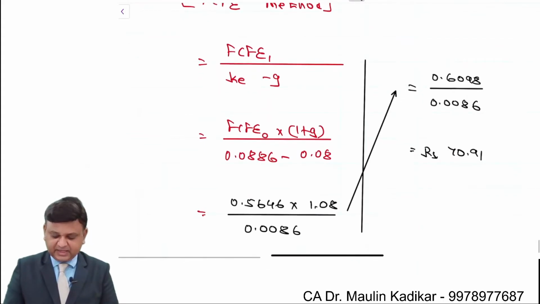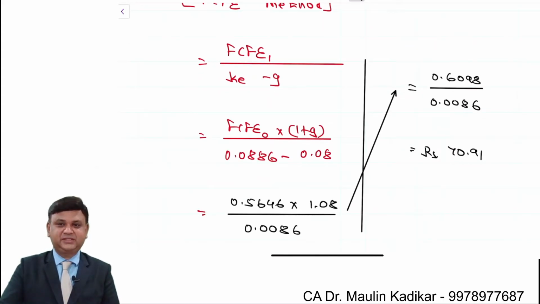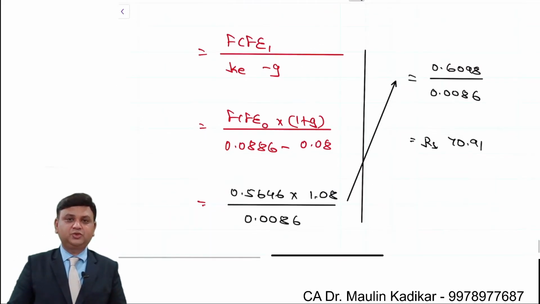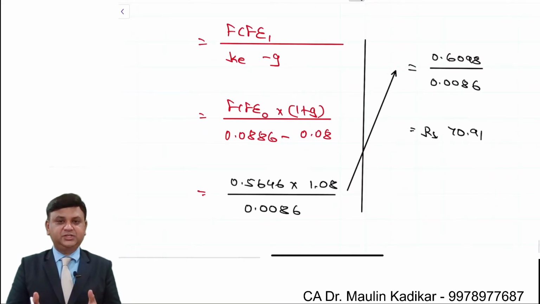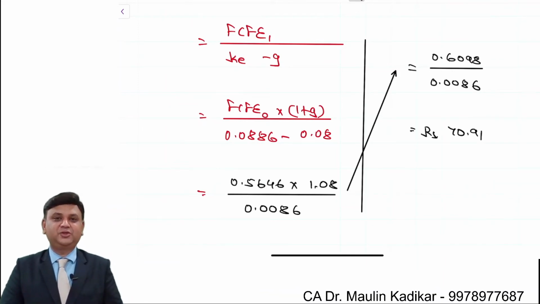That is the way we'll make the calculation of the equilibrium price. We don't have to write any conclusion or take any decision. We just have to make the calculation of the price.